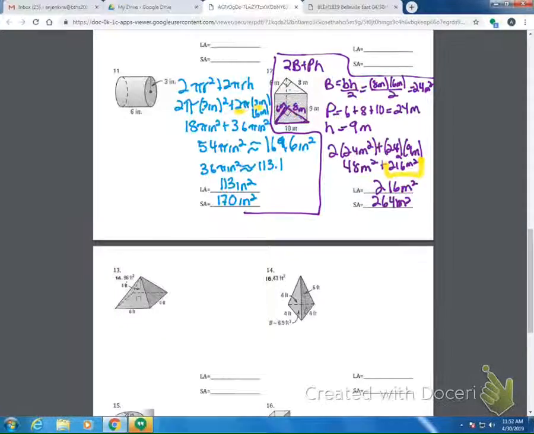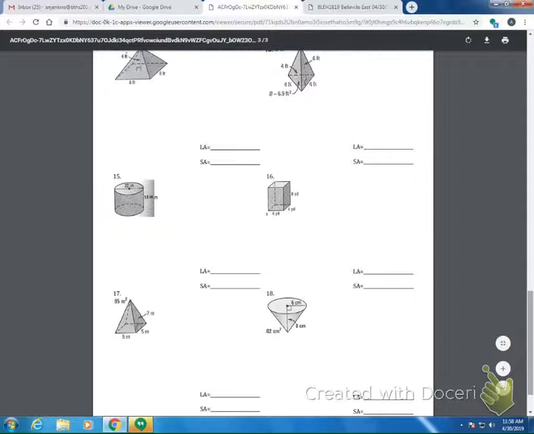Oh, let me actually clear my slide. Yep, a rectangular pyramid. What is the formula for a pyramid? Okay, so maybe somebody else in your group can help you out. Formula for a pyramid? B plus 1/2 P slant. Yep. So let's calculate B, Mikhail. So what is the area of your base?